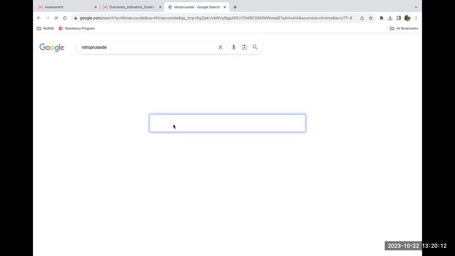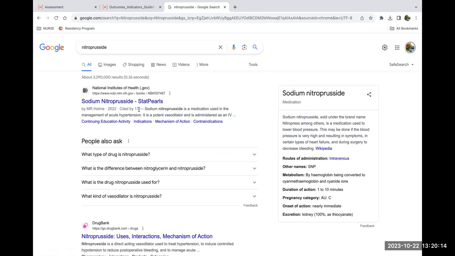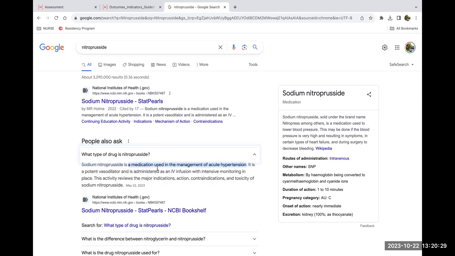Sodium nitroprusside, it is a potent vasodilator.